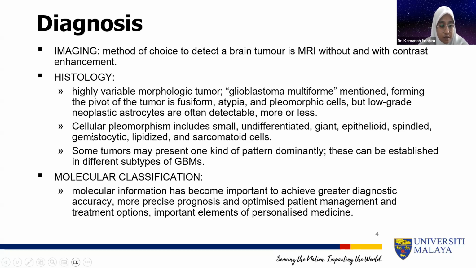Cellular pleomorphism includes small undifferentiated, giant, epithelial, spindle, lipidized and sarcomatoid cells. Some tumors may present one kind of pattern dominantly, and these can be established as different subtypes of GBMs.